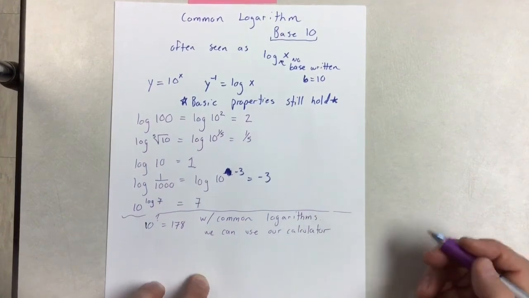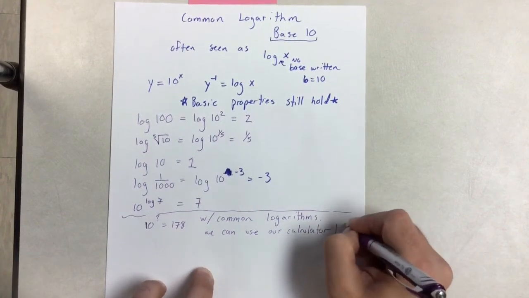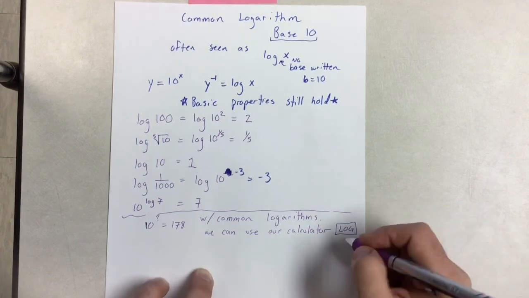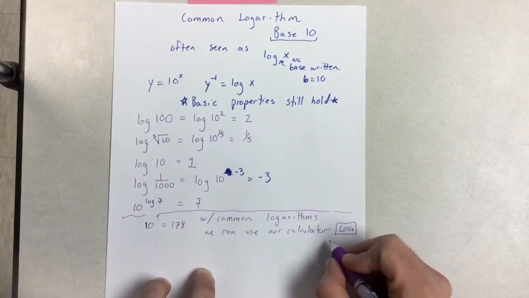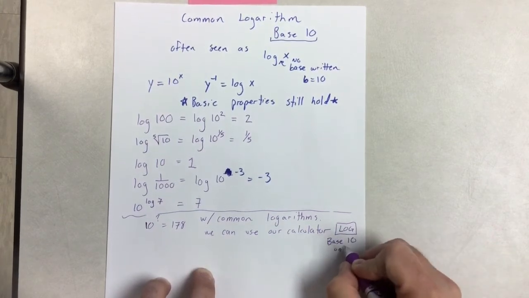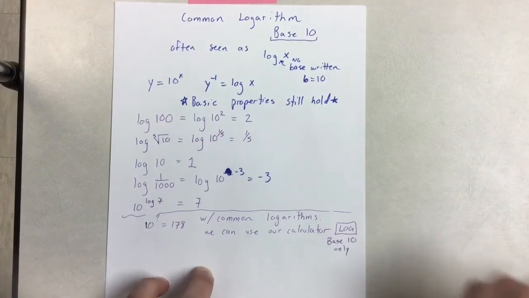We can use the calculator because there is a log button. I want to say this: we can only use this when our base is 10. We can only use this if our base is 10.